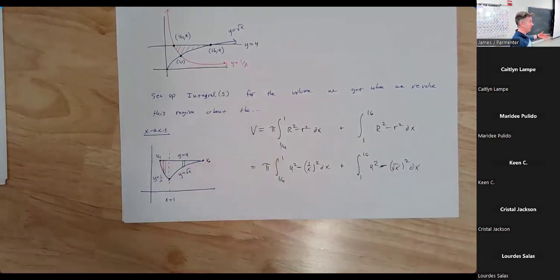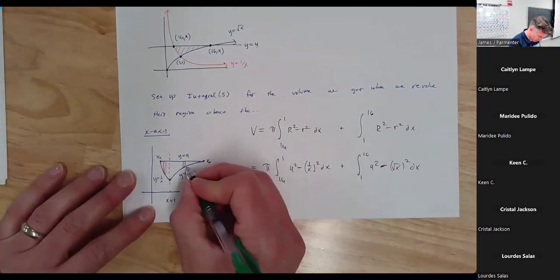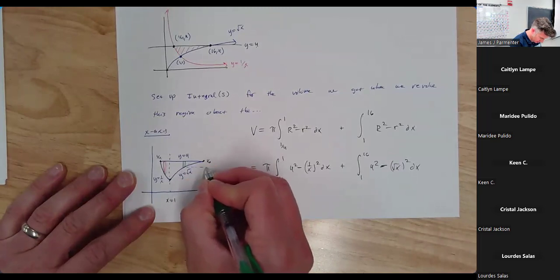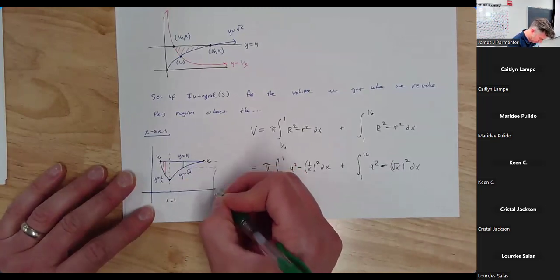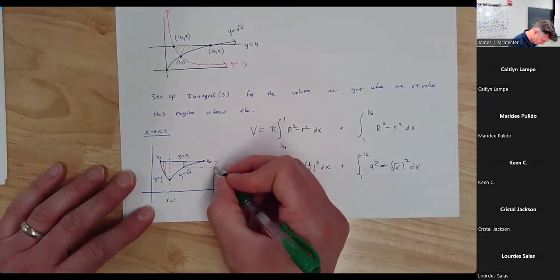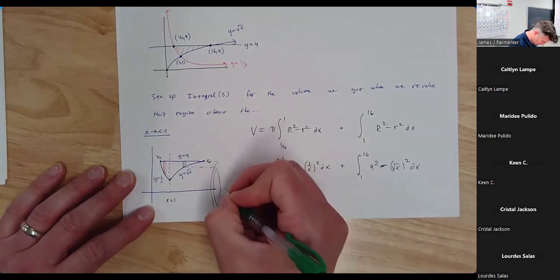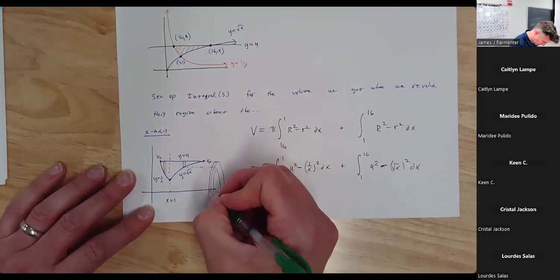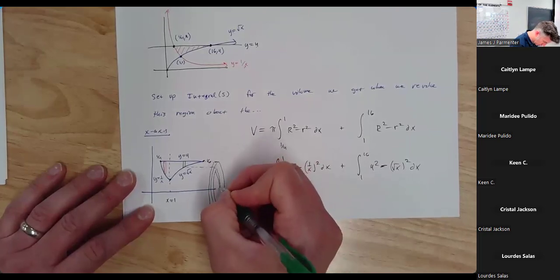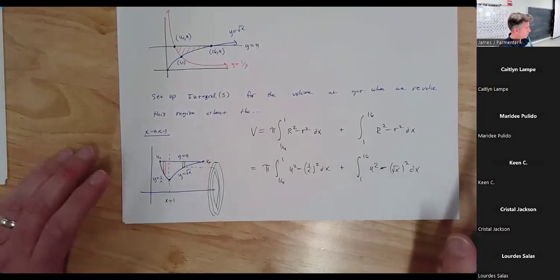You don't need to draw the revolving around the axis part of it. What we're imagining is that we're revolving this little strip around the x-axis and we're getting some sort of washer shape like this. But I don't really care to draw this. You shouldn't draw this unless you really want to.